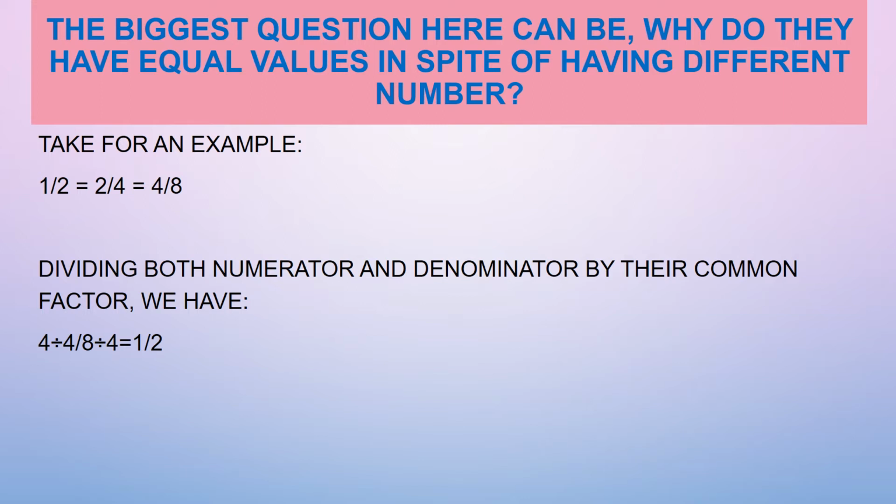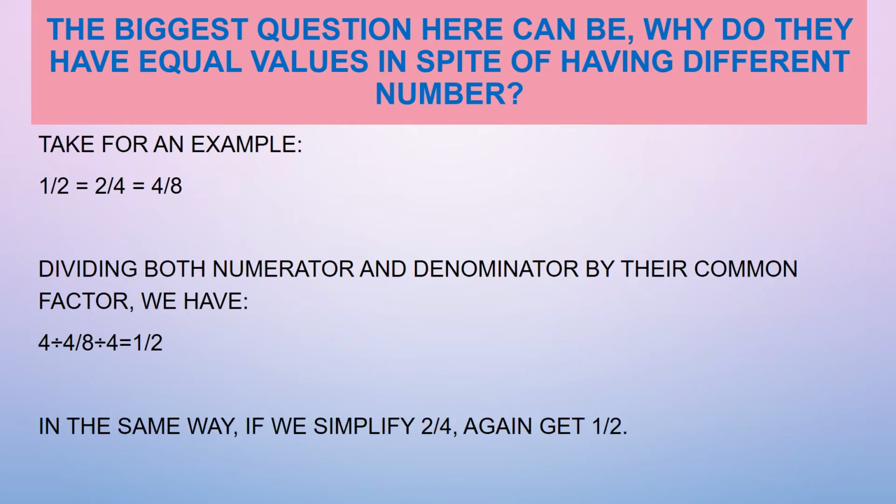Now consider 2 upon 4. Here the common factor is 2. So 2 divided by 2 upon 4 divided by 2 is equal to 1 upon 2. So the equivalent fractions reduce to the same fraction in their simplest form.